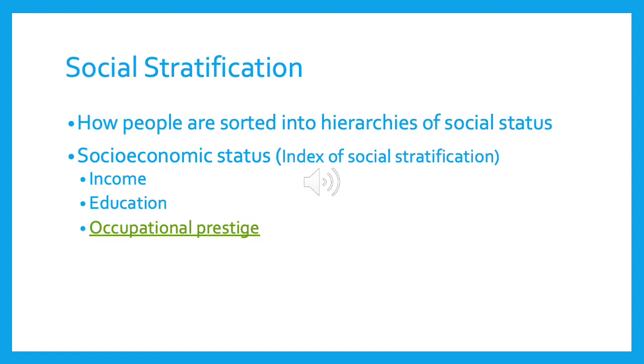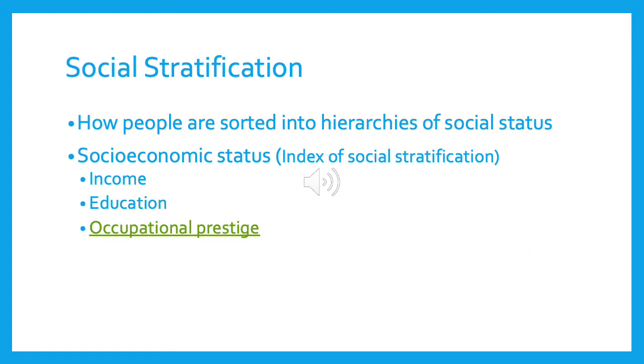The three measures that are combined to create the index of socioeconomic status are income, education, and occupational prestige. So income, education, and occupational prestige of a person are all considered in determining that person's socioeconomic status.